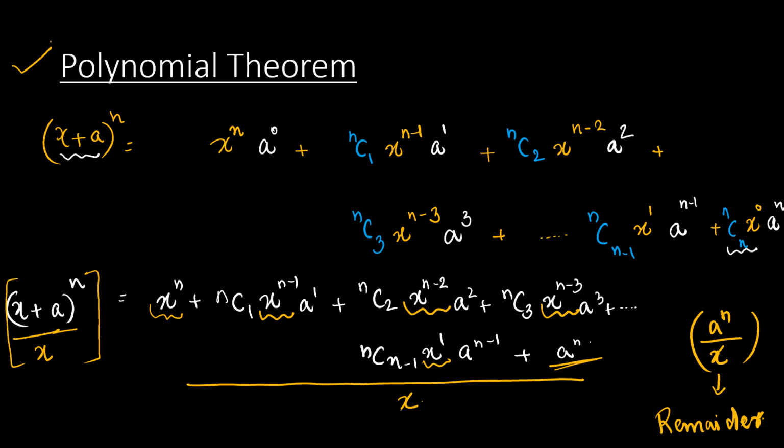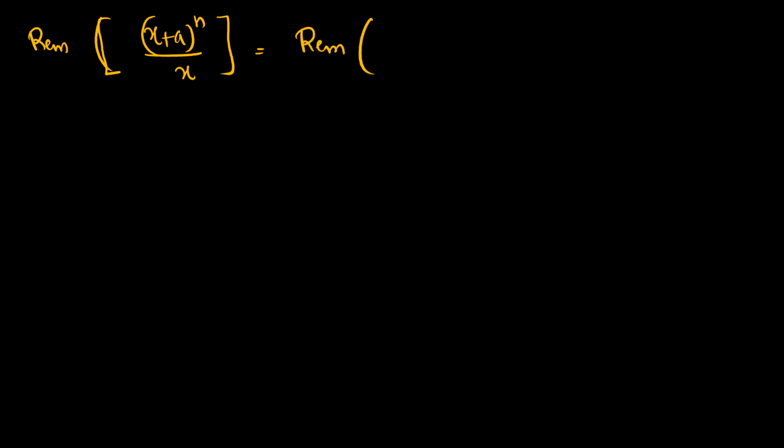the remainder of this expression, that is x plus a whole raised to n divided by x, will be equal to the remainder of this expression. That is, we'll write in the next slide. The remainder of x plus a whole raised to n divided by x will be equal to the remainder of a raised to n divided by x, because all other terms contain an x term.